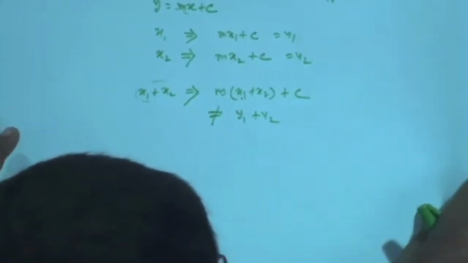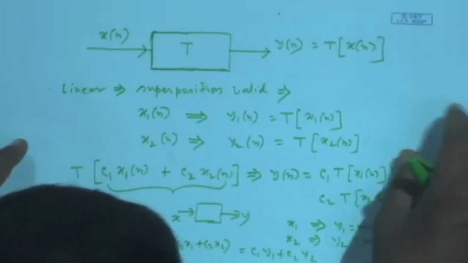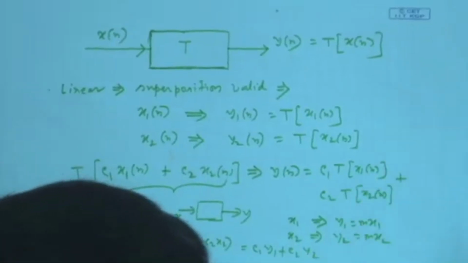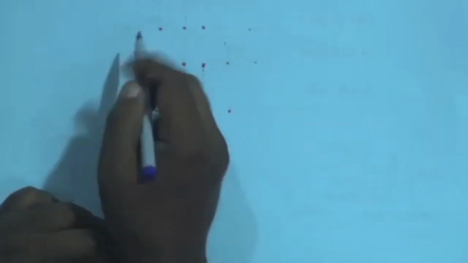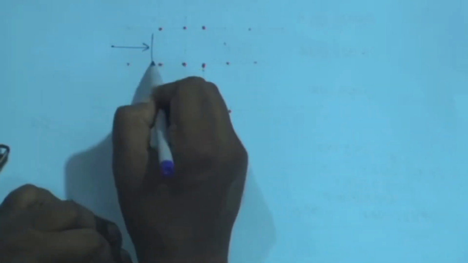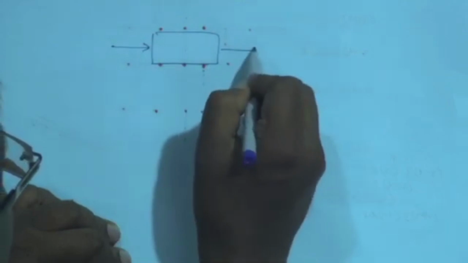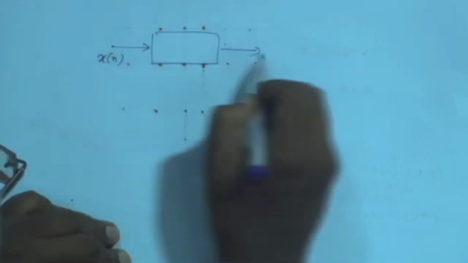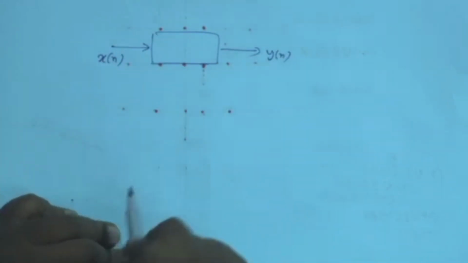So, with this for linearity, there is another thing called shift invariance, which comes from time invariance. Suppose you are giving x n, there is a y n.